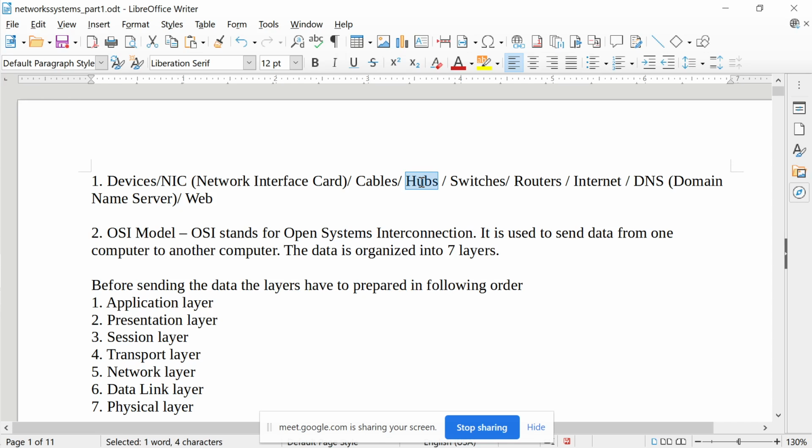This was the earliest connecting device, even before switches were manufactured. Hubs work in half duplex, in the sense that if two devices are talking to each other, only one device can send data at a time.